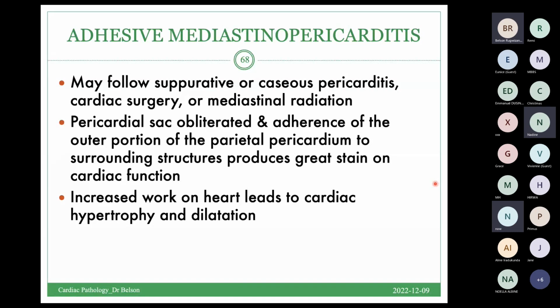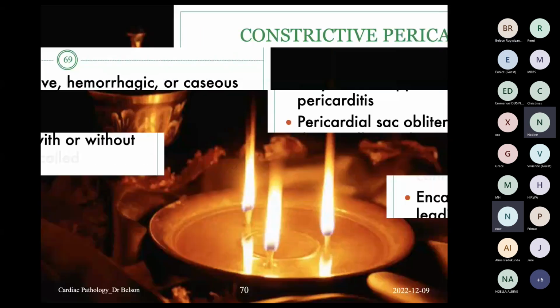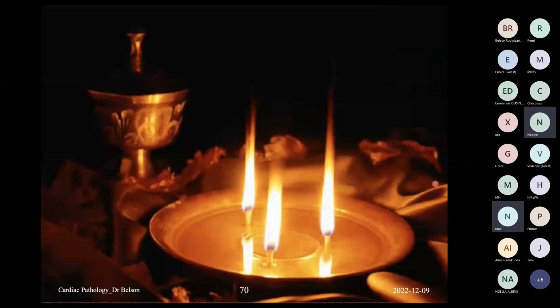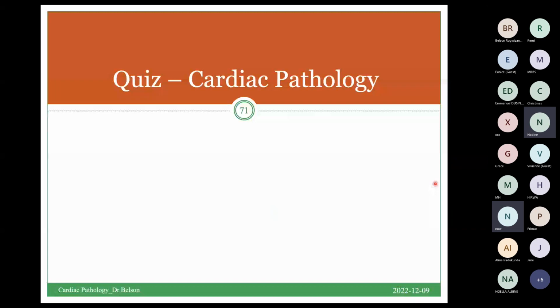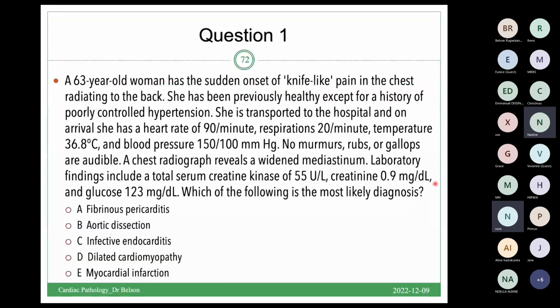Okay, but if you have no questions, then I ask you questions. Most of these questions are from the link I sent you. So this is a 63-year-old woman. She had a sudden onset of knife-like pain in the chest.